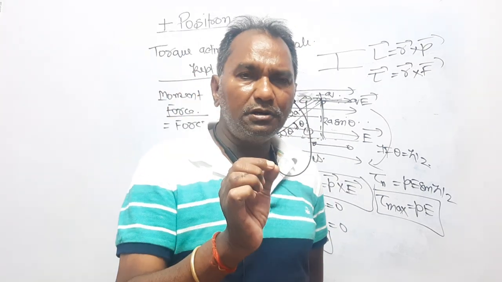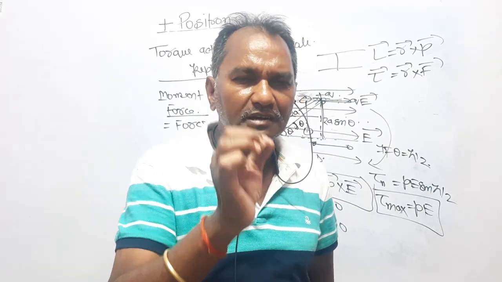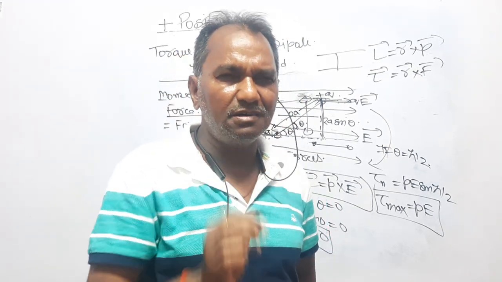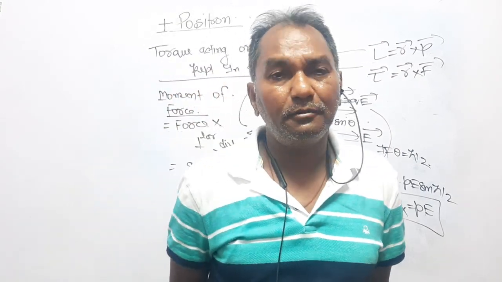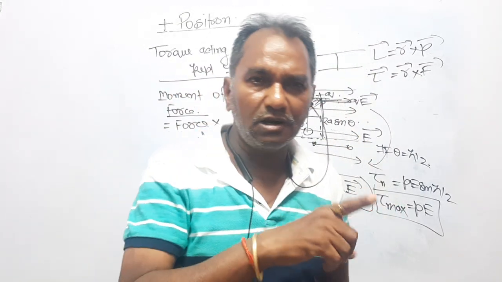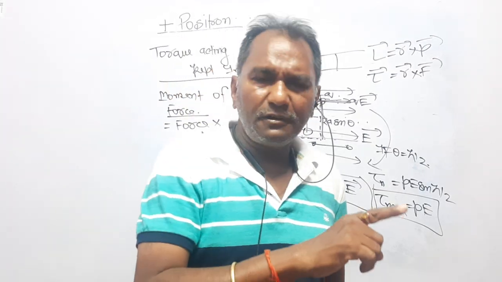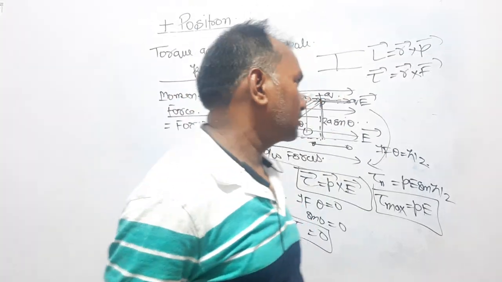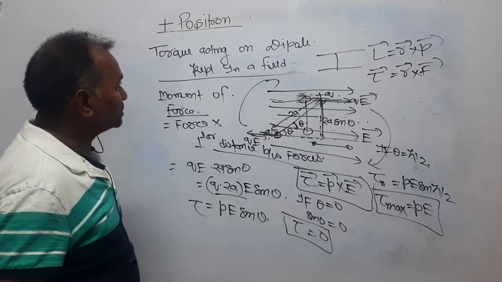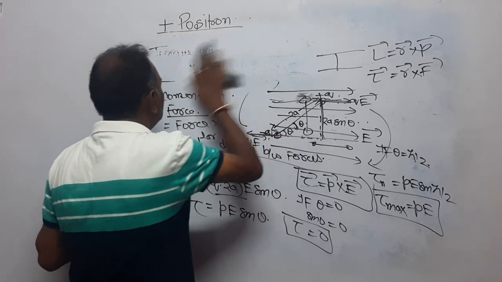If on a body two forces are acting such that they are equal in magnitude, opposite in direction, and their line of action is parallel, then they will form a couple, which will try to rotate the body either clockwise or anti-clockwise. That was the torque acting on the dipole kept in the field. Let's move to the next topic.